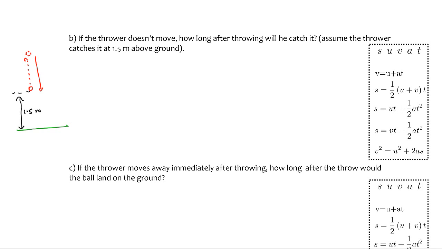For that time period, let me still call upwards my positive direction. So u is still 8 meters per second. And I know that there's a constant acceleration towards the ground, a negative acceleration of 9.81.